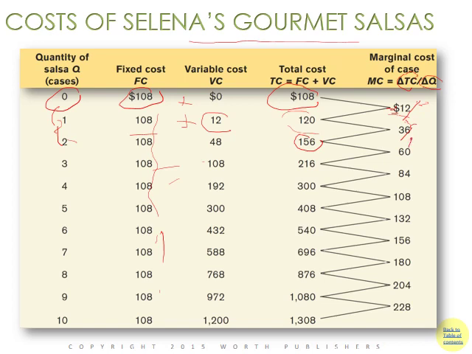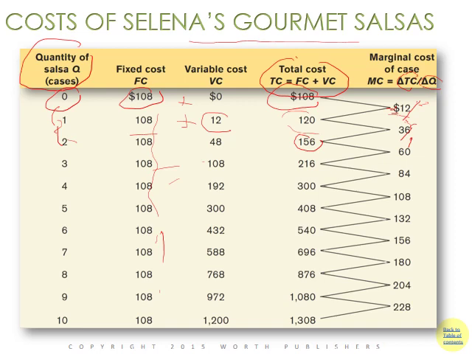So if you have this total cost function that shows the relationship between output and total cost, and we know our fixed cost is equal to 108, or we just know that any cost we incur when we're producing no output has to be a fixed cost, we can take this total cost curve and calculate the marginal cost of producing an additional case of salsa.